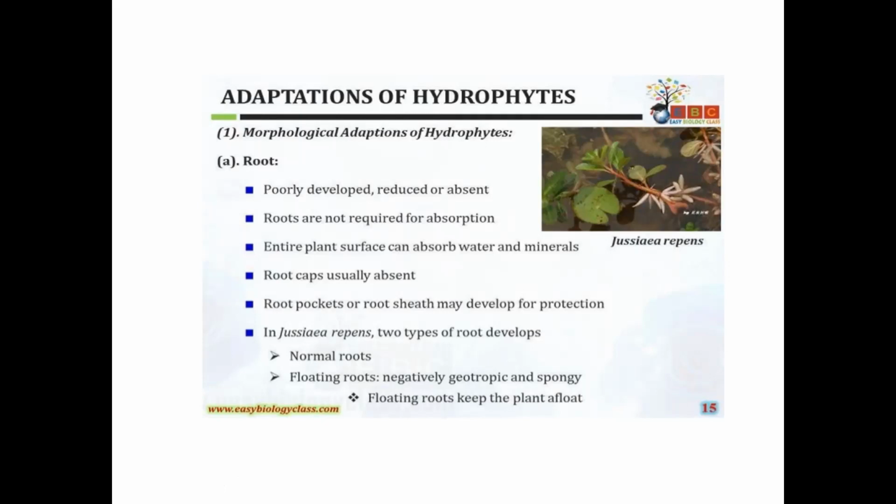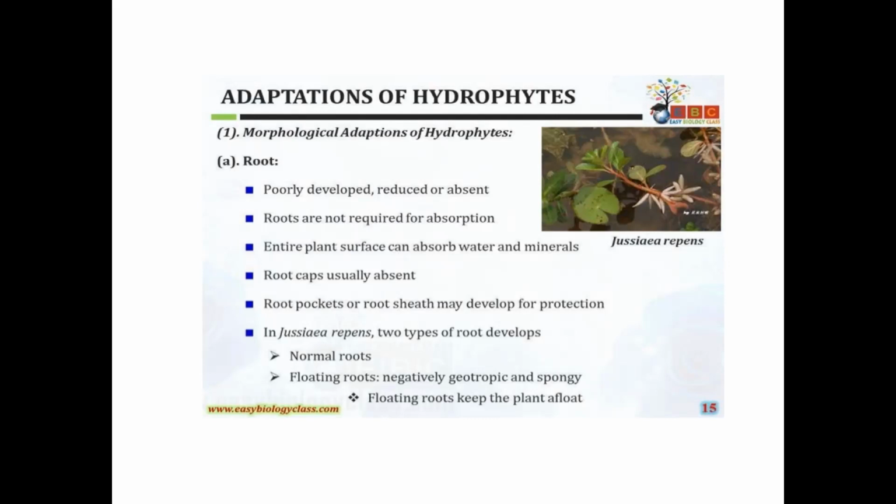Here the floating roots are present. So in Jussiaea, two types of roots are seen, normal roots and floating roots. That is, the first one is the root system: generally in hydrophytes the root system is poorly developed, or it may be reduced, or it may be absent. The roots are not required for absorption, because the entire plant surface can absorb water and minerals.